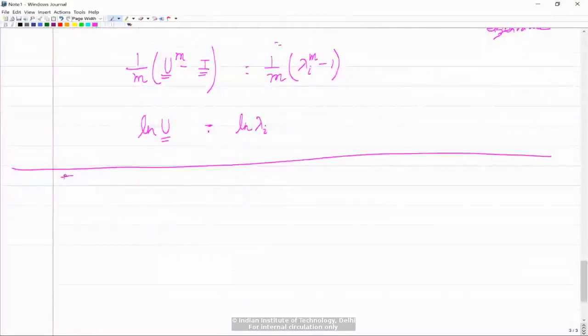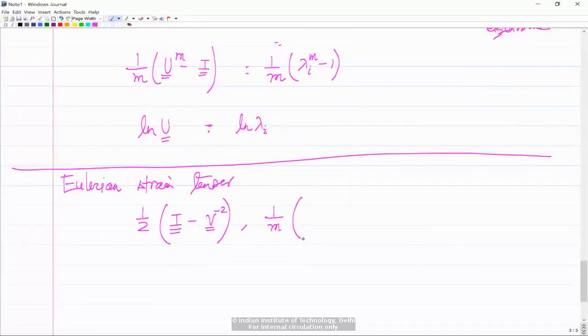So Eulerian strain tensors have the corresponding forms: half of I minus v inverse square, or more generally 1 over m into identity minus v inverse to the power m, or ln of v.